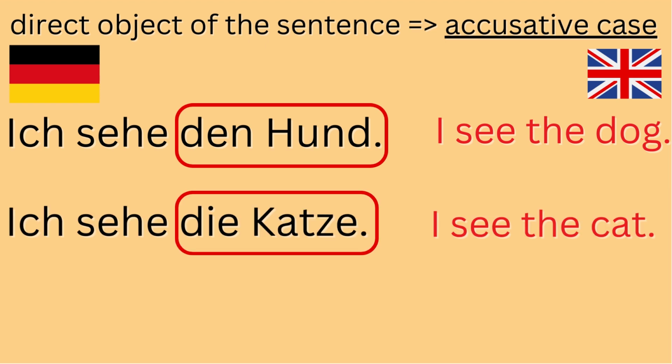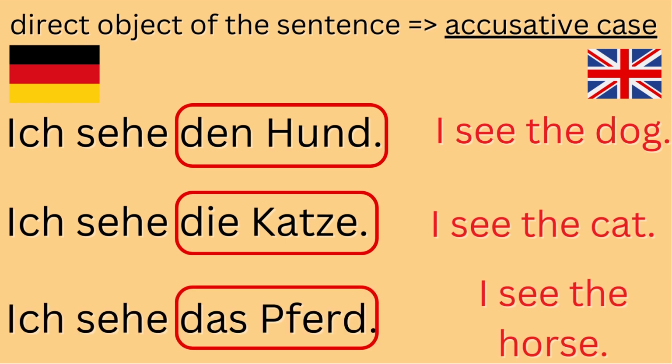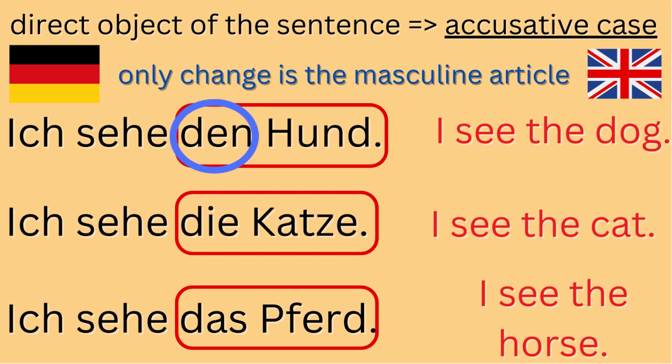Ich sehe die Katze. I see the cat. Ich sehe das Pferd. I see the horse. So you can see the only one that changes really from nominative to accusative is the masculine one. So der changes to den. That's the only one that changes in the accusative from the nominative.